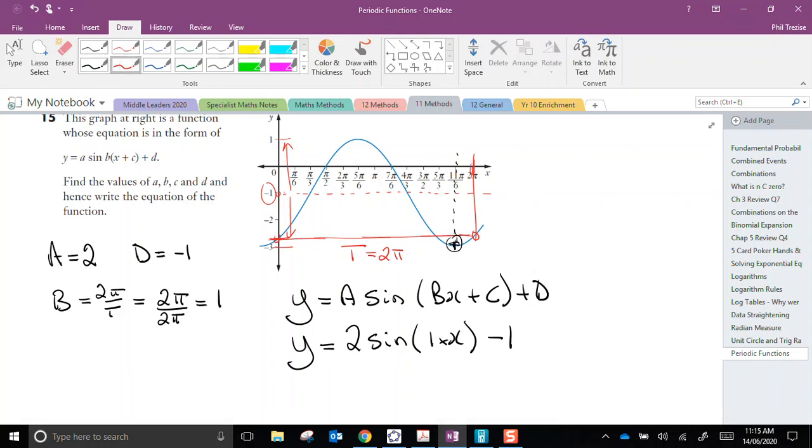Now we know that our base function for sine would begin here. After going pi over 2, it would be here. After going pi, it would be here. After going 3 pi over 2, it would be here, which is the minimum. And then after going 2 pi, it would be back to here.